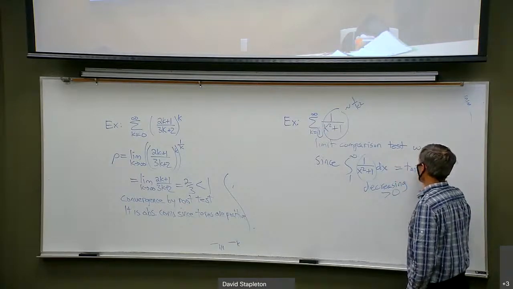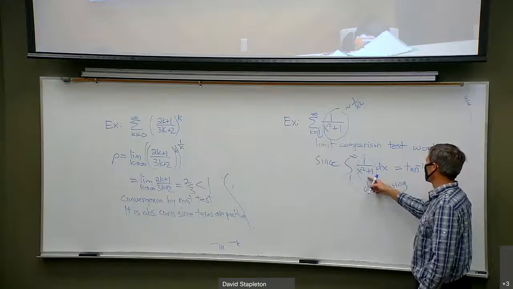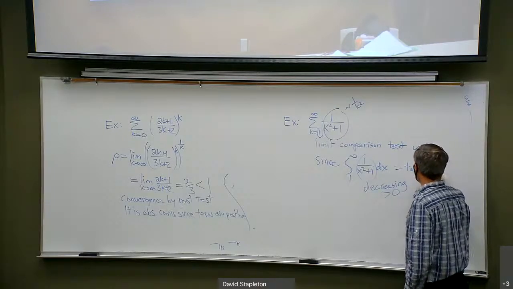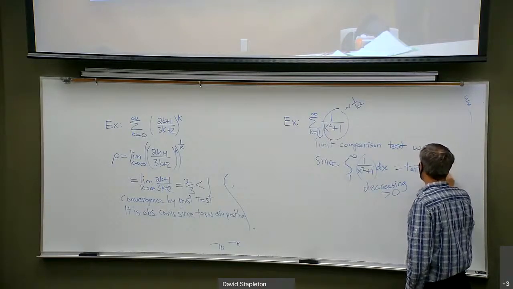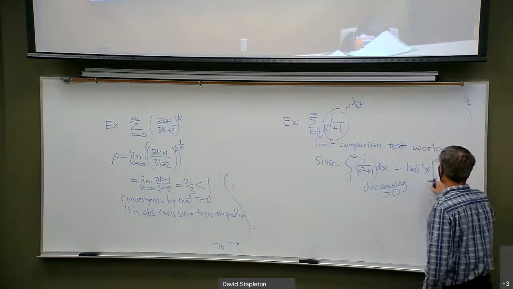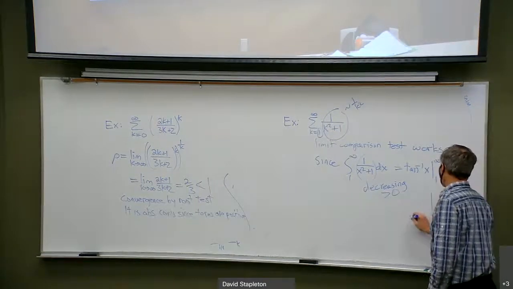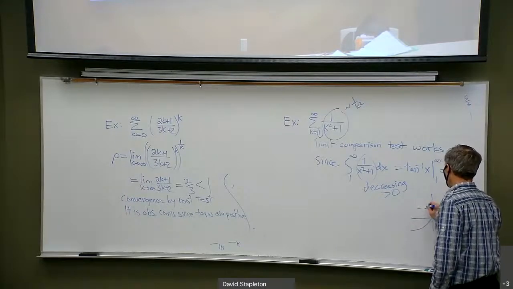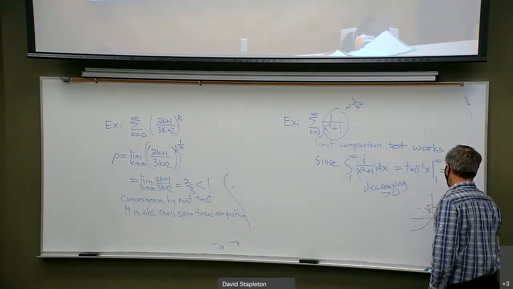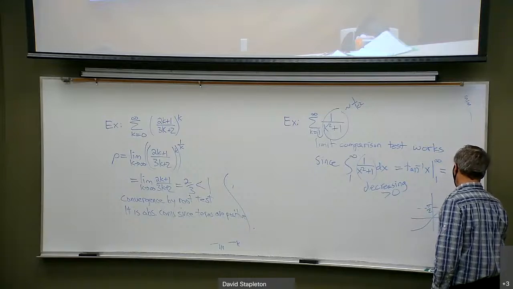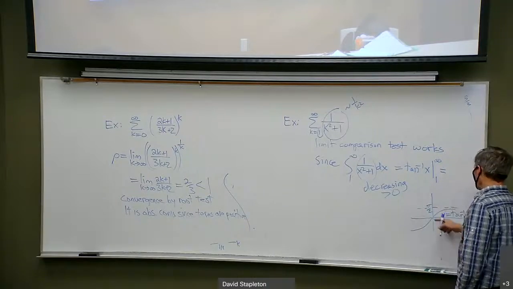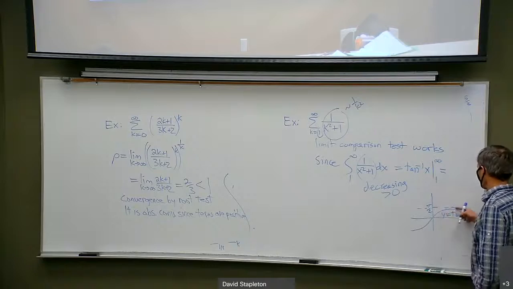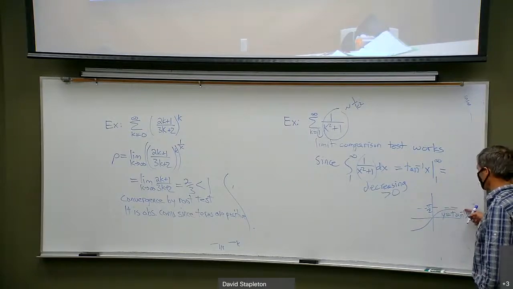Remember, 1 over x squared plus 1 is the derivative of arctangent. It goes from 1 to infinity. Arctangent at infinity is pi over 2, from this graph that we have of it, if you like. Here's y equals arctangent x. I mentioned this one earlier this semester. The limit of arctangent x as x goes to infinity is pi over 2, since it approaches the asymptote here.